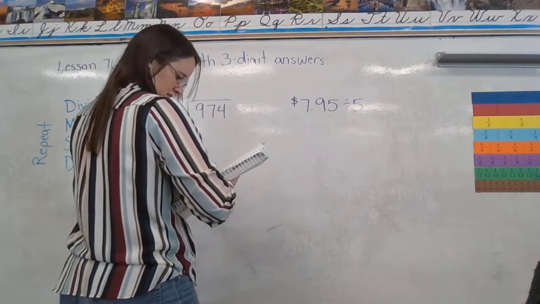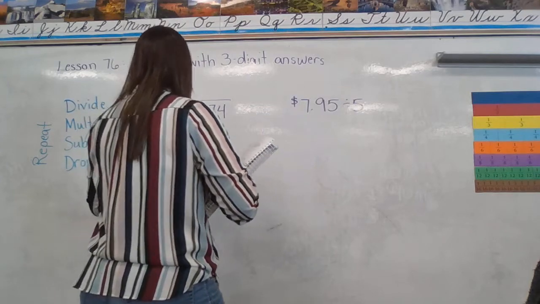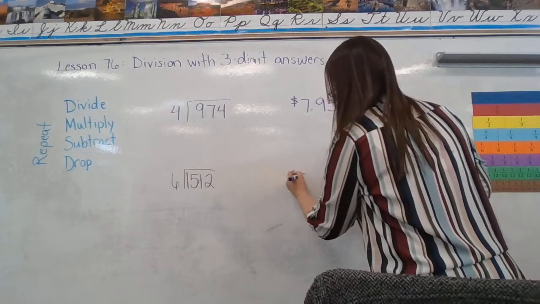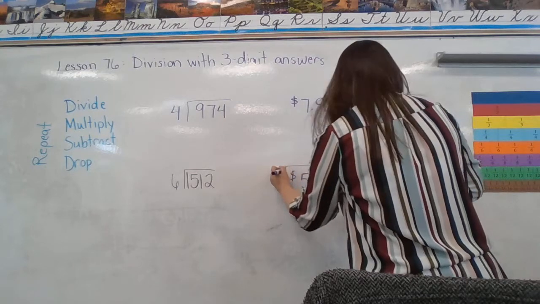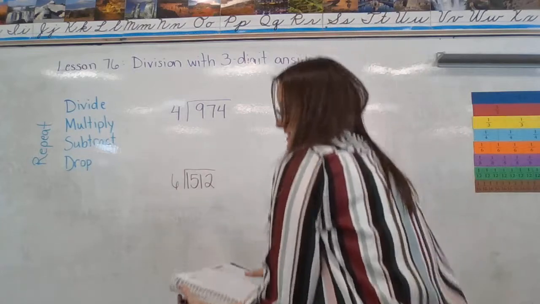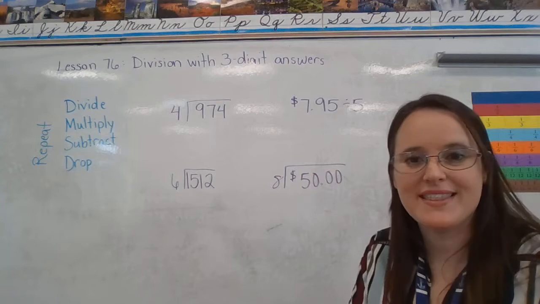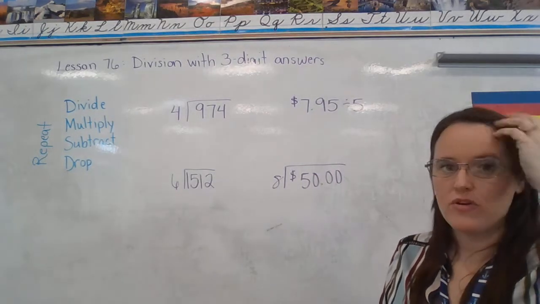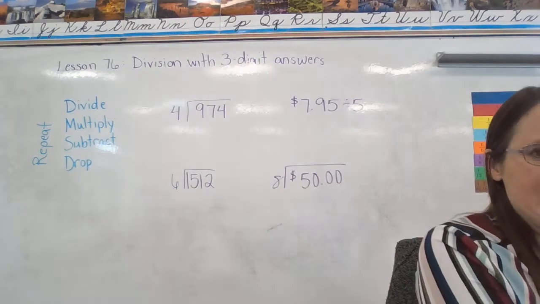Then $1,512 divided by 6. And finally, $50 divided by 8. And there is a word problem as well on page 487 that I would like for you to look at. If you want to go ahead and try these on your own, pause the video right here. When you come back, we'll go over the answers together.